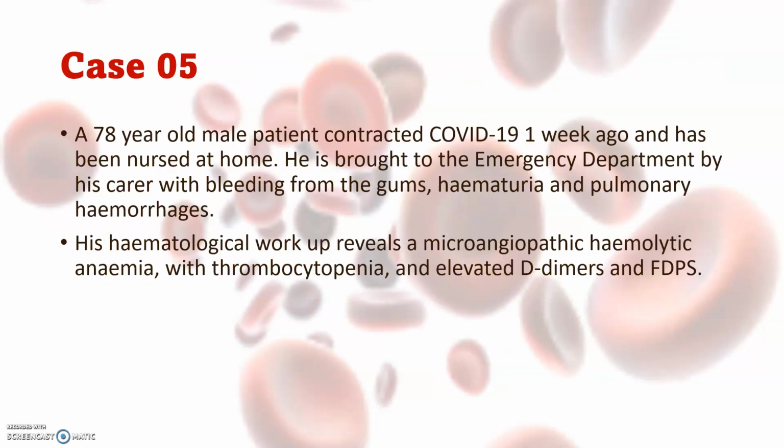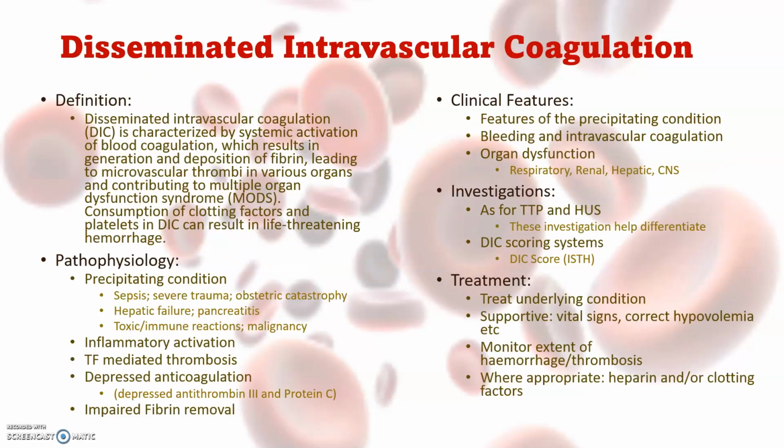Our final case is a 78-year-old man, 1 week into his COVID-19 diagnosis, brought in with bleeding gums, hematuria, and pulmonary hemorrhages. And his hematological workup reveals a microangiopathic hemolytic anemia with thrombocytopenia and elevated D-dimers and FDPs.